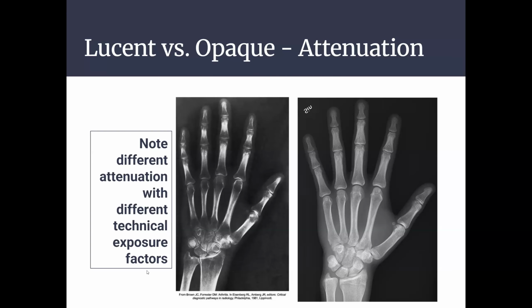But in this case, what's actually happened is the patient has a condition called osteoporosis, meaning that this patient's bones are less dense. They are losing density. And so by losing density, when we give this patient the same amount of radiation and technical factors that we gave to the patient on the right, it blew right through their very porous, very less dense bone.